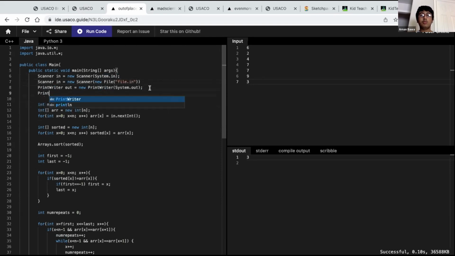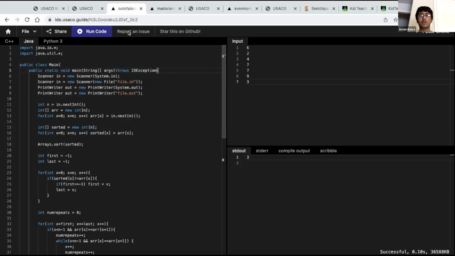And for PrintWriter, you have to do PrintWriter out is equal to new PrintWriter, and then the file name dot out. When you're using PrintWriter for file output, you have to use throws IO exception. You can also include it if you're doing standard input, but you must include it for file input and output as well.